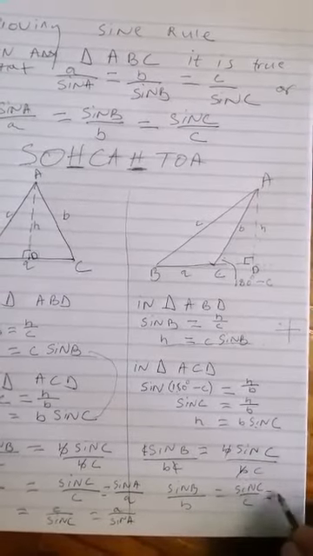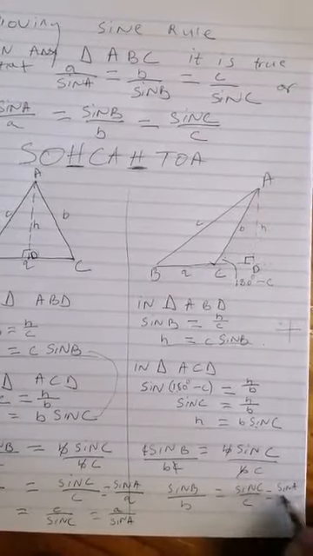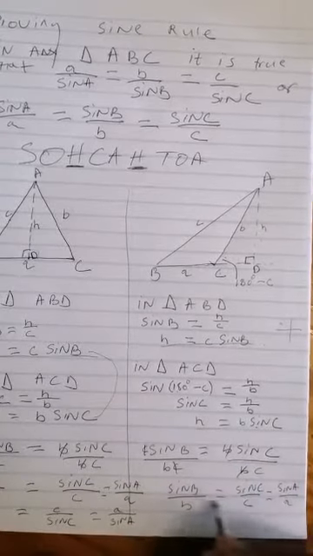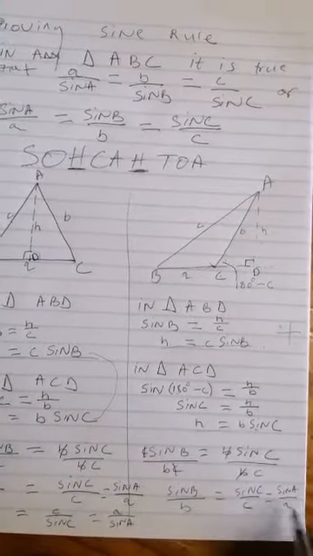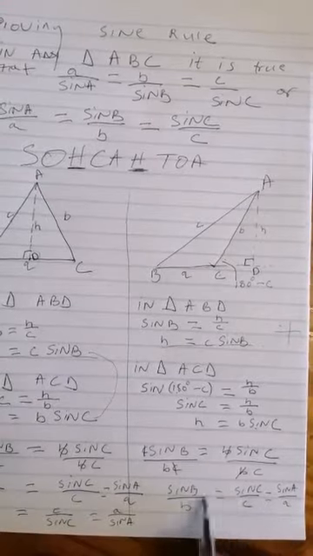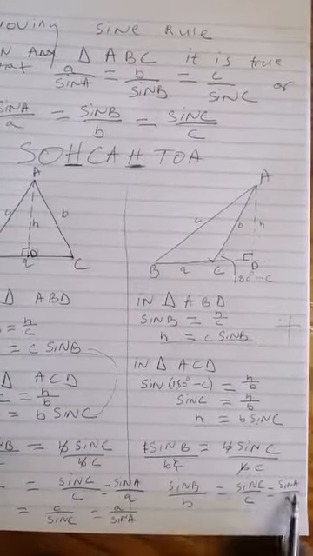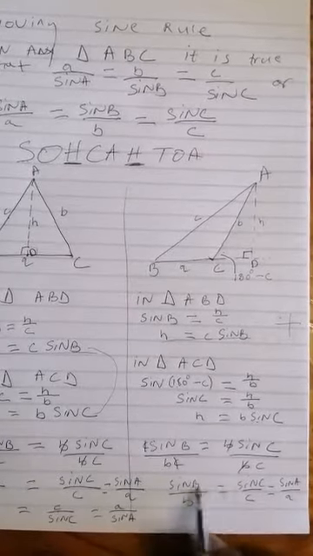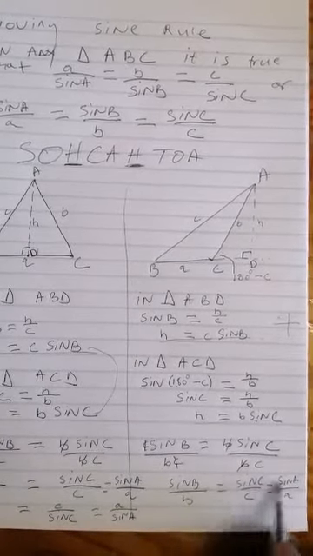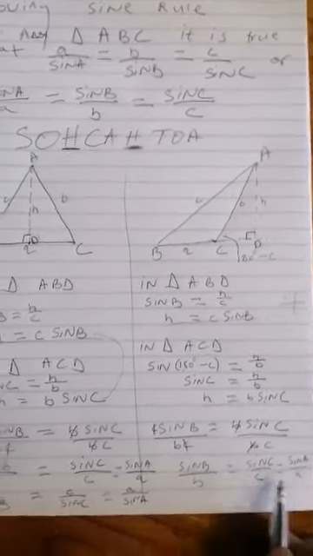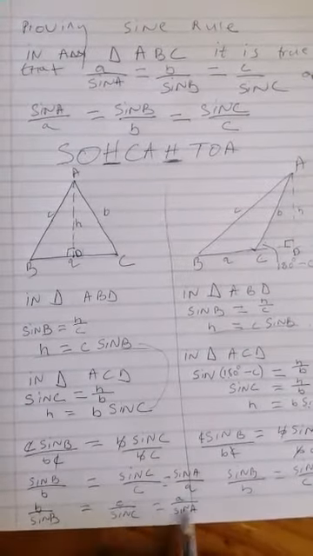Again, it can be proven that sine A over a is equal to both of these. Again, you do not have to prove this once you've proven these two. The same thing you can do. This is for calculating the angles. If you want to calculate the sides, you can go back there.